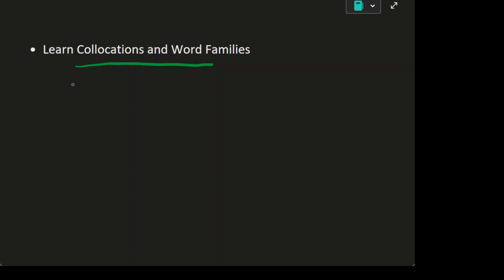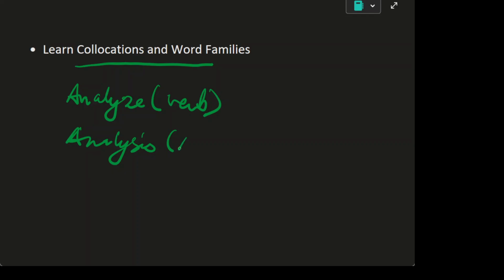For example, analyze. In relation to that, you need to know it is the verb. And you need to know that analysis is a noun. And analytical is an adjective.